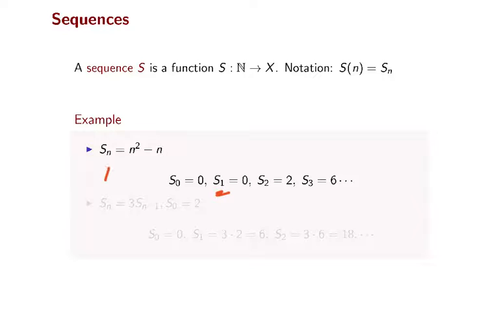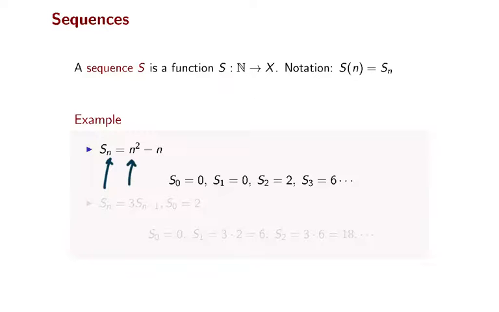S1, well, we do the same. We put 1 here in place of n, and so we obtain 1 squared minus 1, which is 1 minus 1, which is 0 too. So S1 is going to be 0. How much is S2? We substitute 2 here.